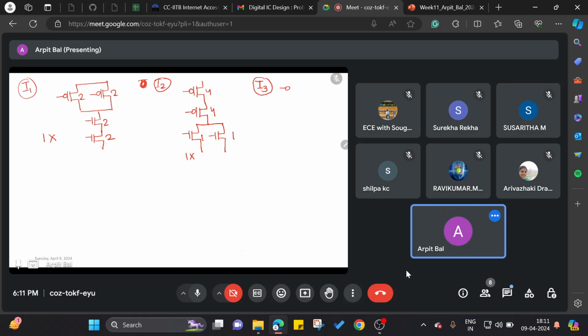I3. Please draw these figures with me, so we will use this to solve the numerical part.